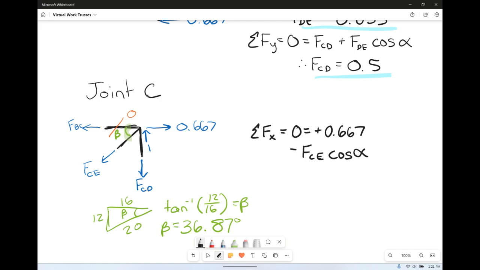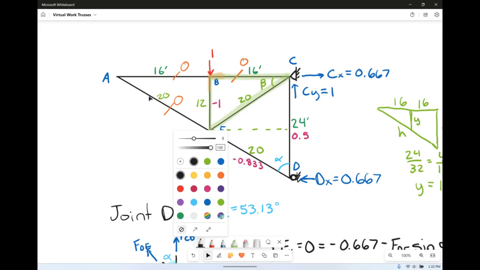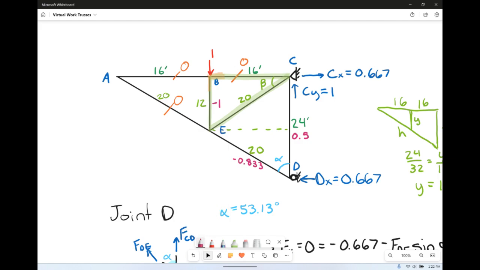That's all that's going on. Really hard to make a mistake there. So we have FCE is equal to 0.833. So again, we can go back up here and mark him in. Same color as before. We have 0.833.